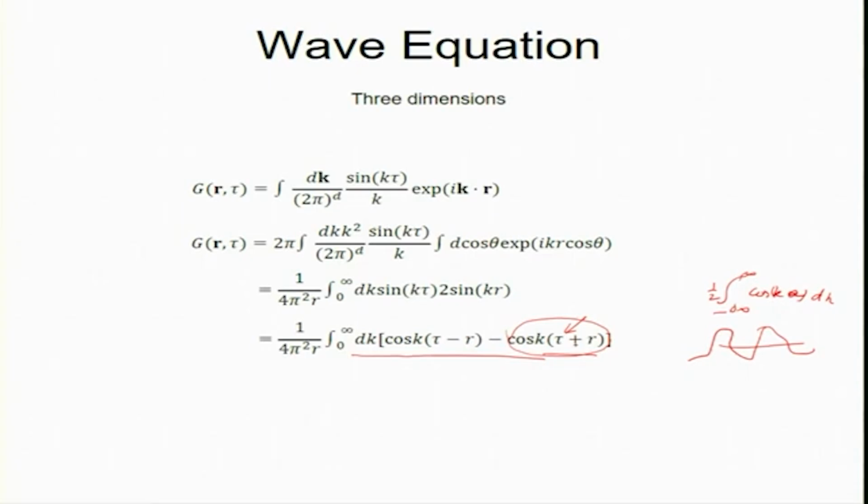So basically this integral gives you 0, and this will give us a non-zero value when t equals r, a delta function. So that is the next step: delta(t minus r) divided by 4 pi r. There is a pi coming from this dk integral, and that pi cancels with that. So this is the front.